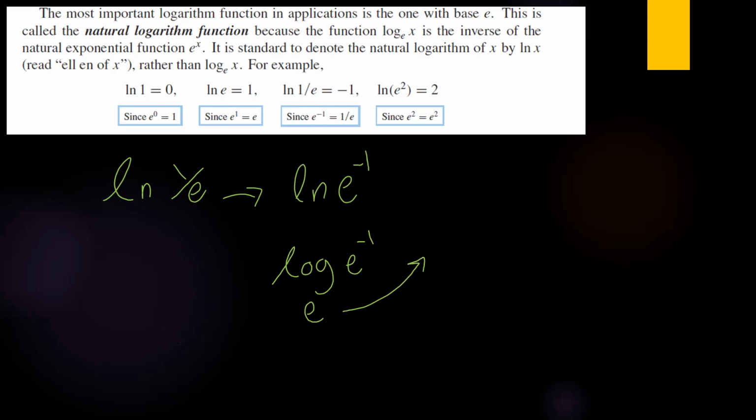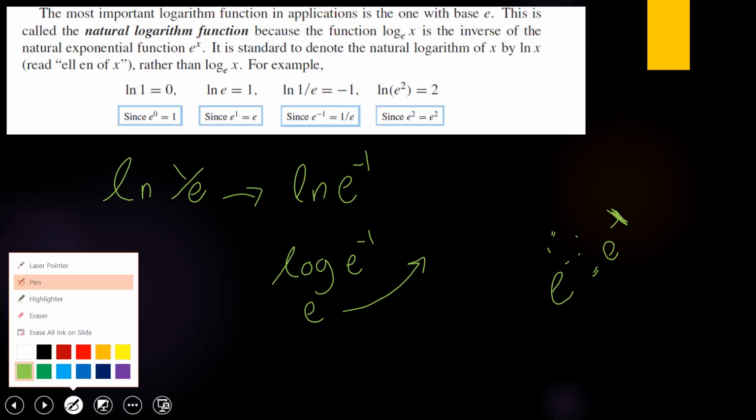So what is the number that if you raise e to it, I get e to the power negative 1? Now, I want to find ln of e to the power negative 1. I write it as logarithm to the base e of e to the power negative 1.